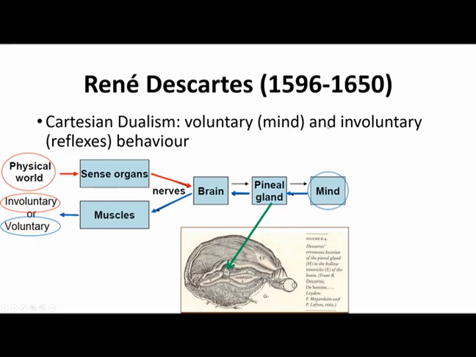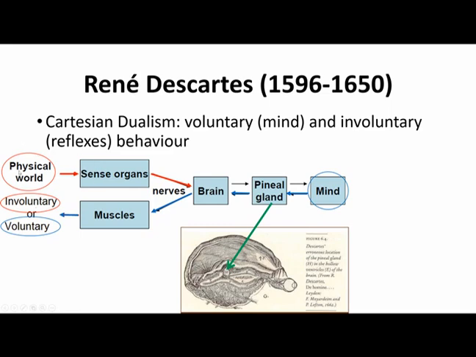Our involuntary behaviors would be called reflexes, things that happen automatically, and they would originate in the physical world. So the trigger for a reflexive behavior would actually be some kind of stimulus in the environment. And stimulus just being the singular for stimuli, where you have multiple things that could trigger that. So a stimulus could be something like you see a predator in the environment, or you touch something hot, or whatever, any kind of stimulus that your body could react to.